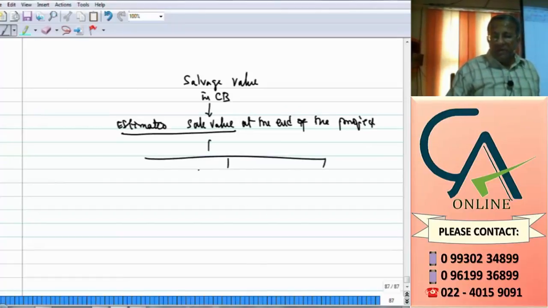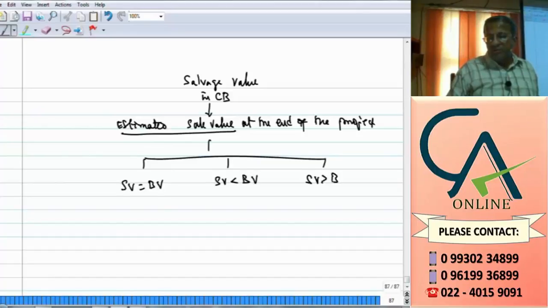So I could end up with salvage value equivalent to book value, salvage value less than book value, or salvage value greater than book value. When salvage value is equal to book value, there is no profit, no loss.